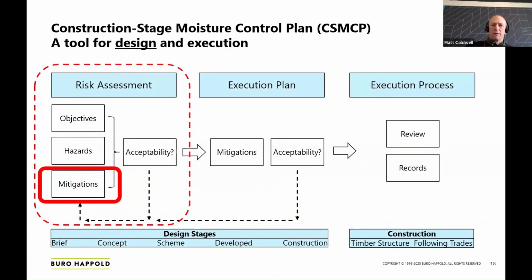Once we've identified the hazards, we can match them up to potential mitigation measures. They might be design mitigations, so changing or adapting the design, or they might be measures that are going to need to be taken on site. In the case of a large flat CLT roof, we might consider things like giving it a pitch. Can we build it and waterproof it in sections?